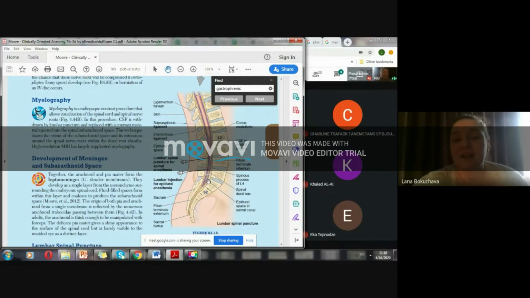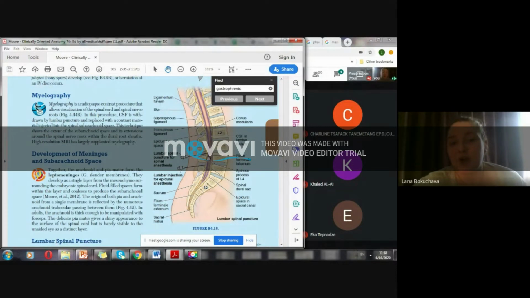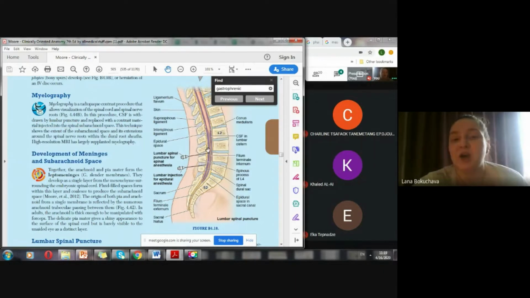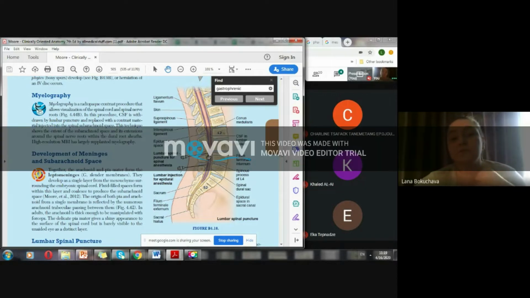You can see here that the lumbar puncture, what they show you, is a much deeper one, because in this case we are talking about the entrance through the dura mater and the portion of the arachnoid mater of the meninges, and as a result we are performing a much deeper type of injection.